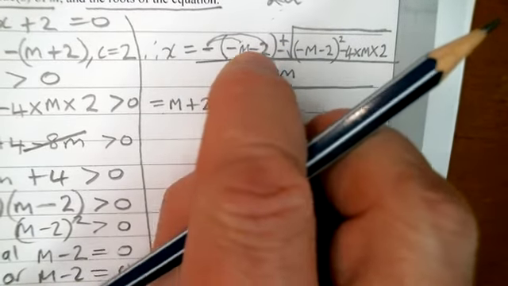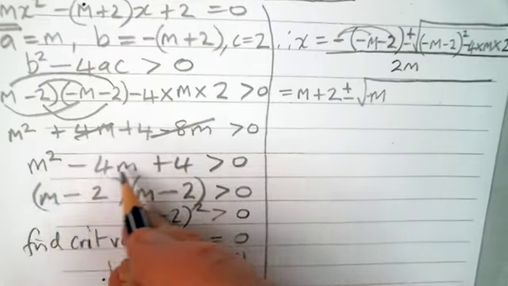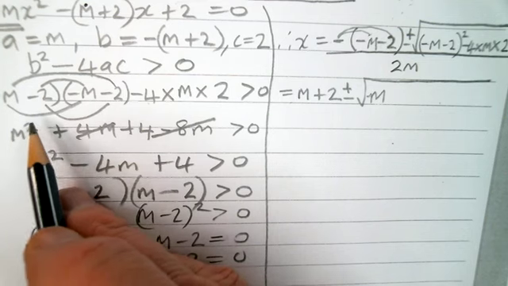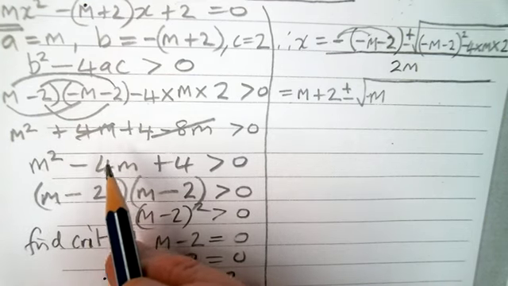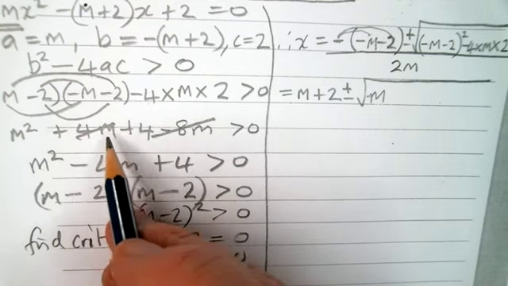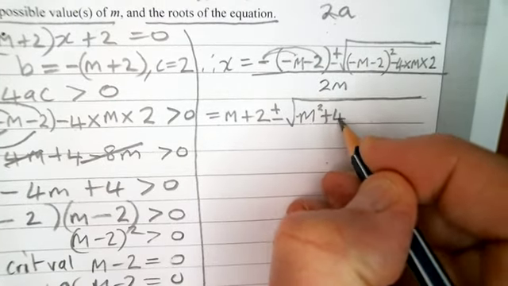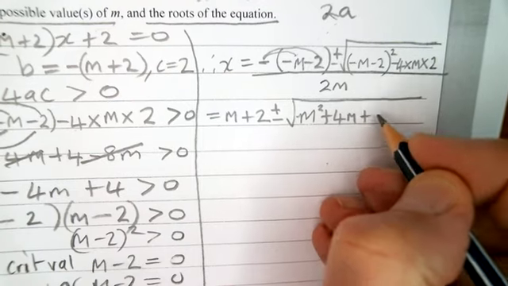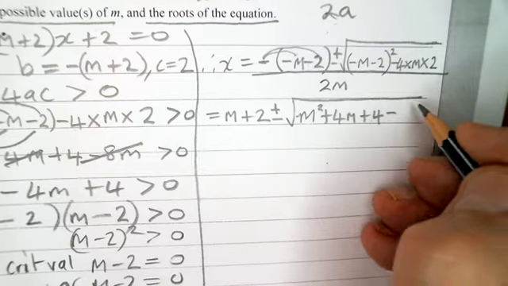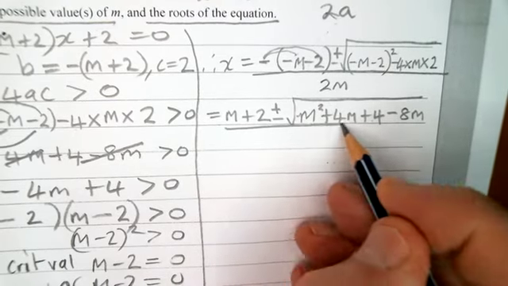I'm going to use this bit down here, because we've already worked this out. It's going to be m squared plus 4m plus 4, minus 4m times 2, minus 8m, all over 2m.